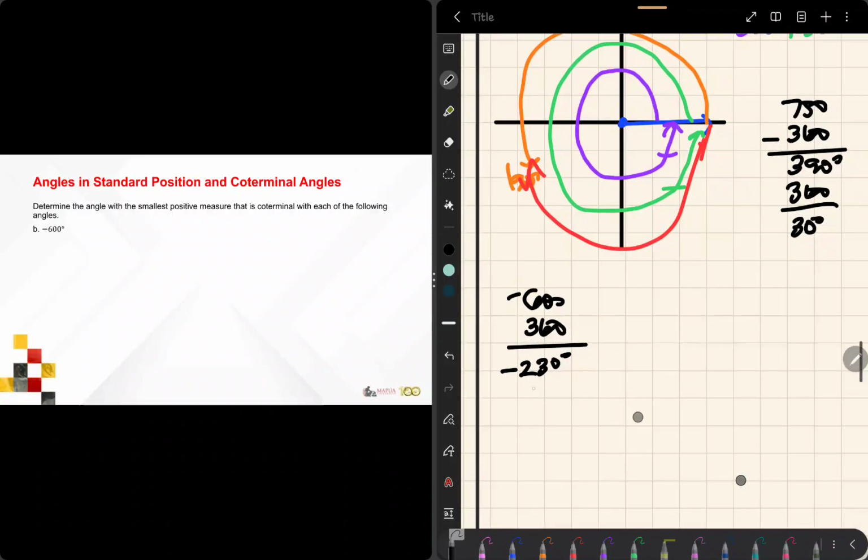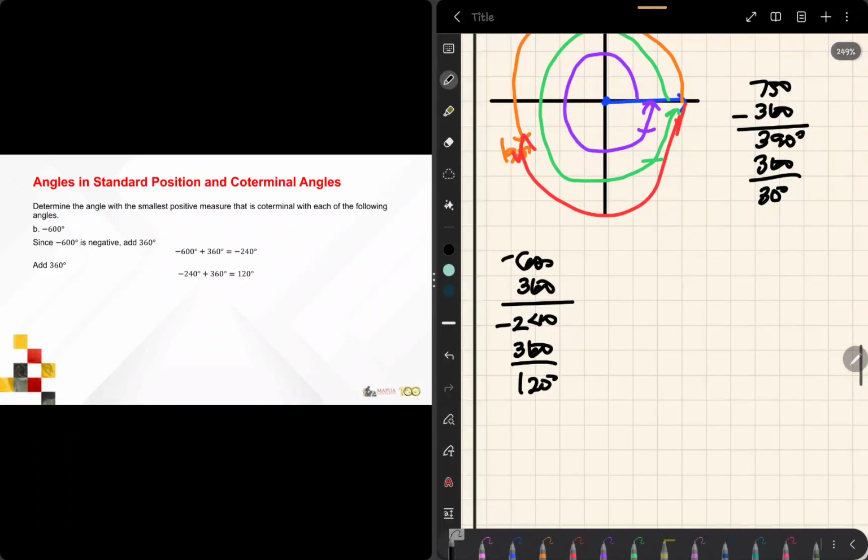And then again, if we add another 360, we will get 120 degrees. A positive 120 degrees. So therefore, this will be our final angle.